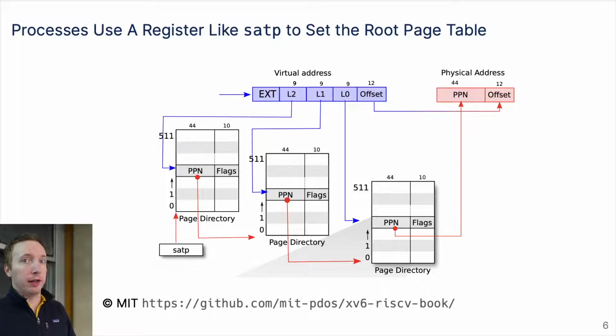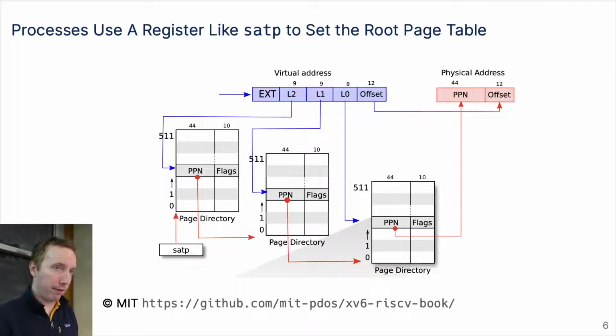Your processes are just going to use a register. On at least RISC-V, there's a register called satp that is basically the root page table. So it would set that as your L2 page table, and then you would follow the page tables until you finally hit L0. And then it's the same translation as with a single level page table.